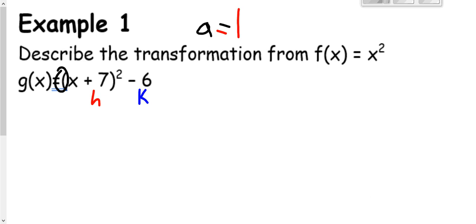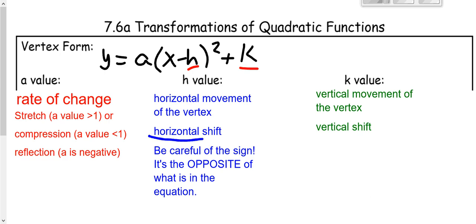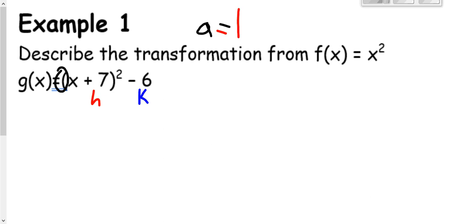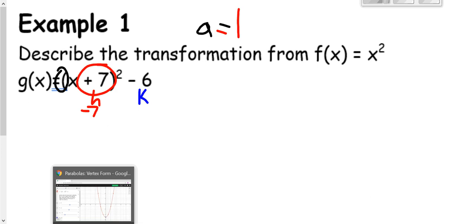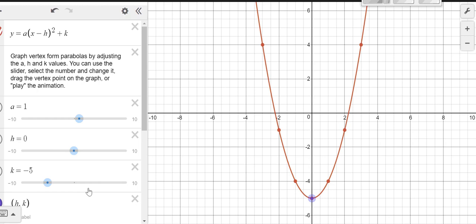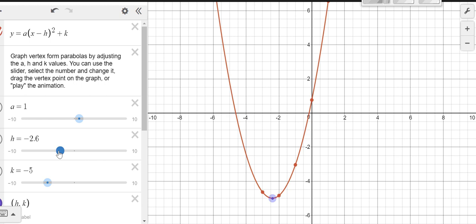So remember that H is a horizontal shift, right? So my H value here is +7, but remember that the H value lies to you. So we're actually thinking about a -7. And if this is a -7, would we be shifting left or right? So if you need to remind yourself, you can go back to Desmos and go change your h value to a negative.